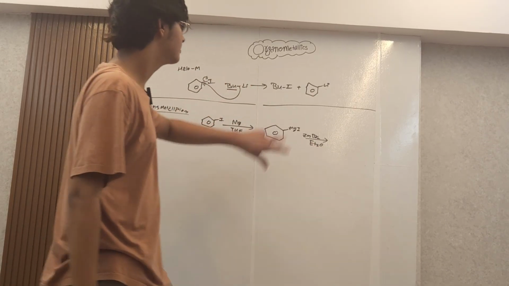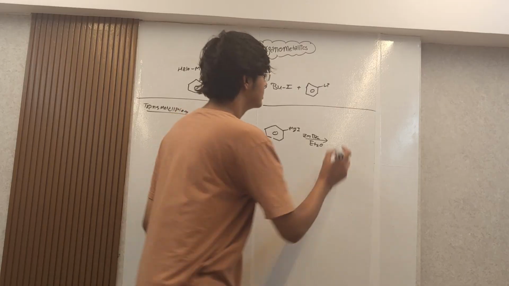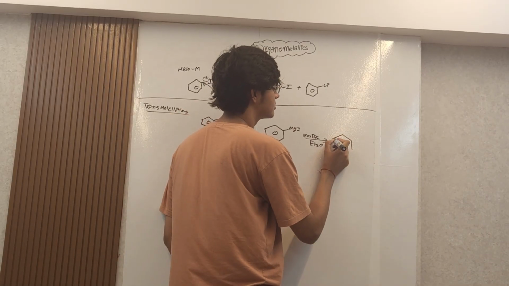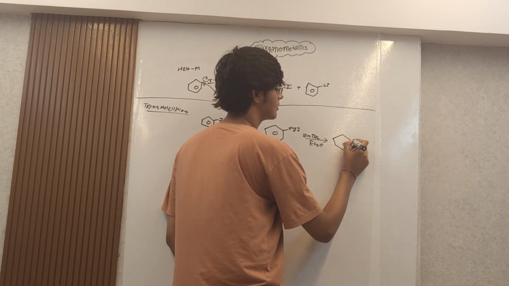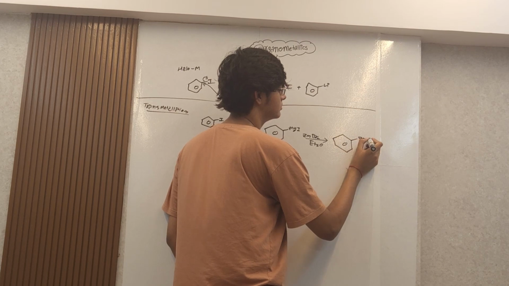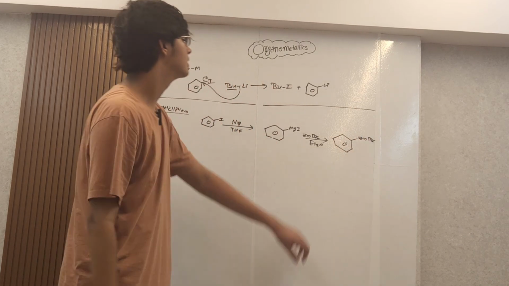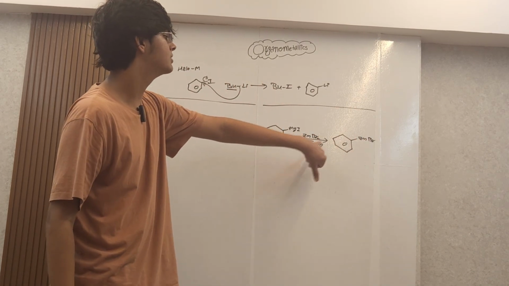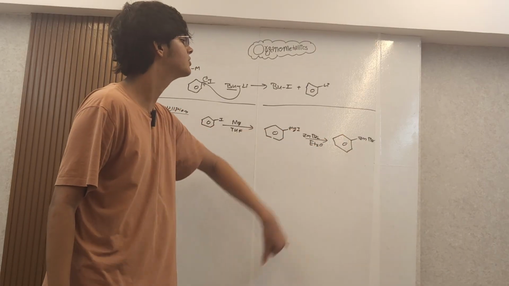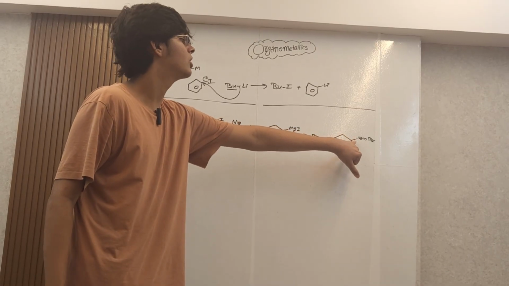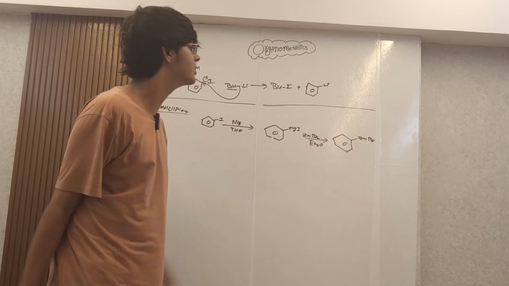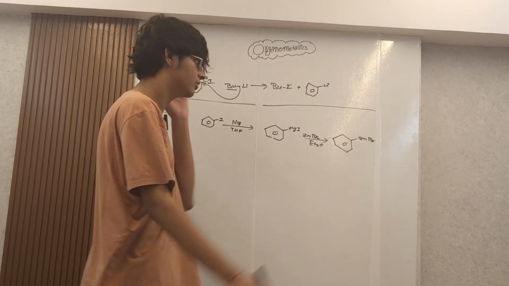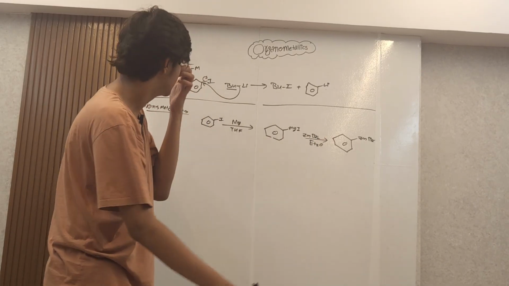This will replace this whole thing, so it would be something like this. You'll see this is only a single Br, while this is Br2. Zinc made another bond with this, so it had to get rid of one of the Br, and halogens are great leaving groups, so a Br just left.